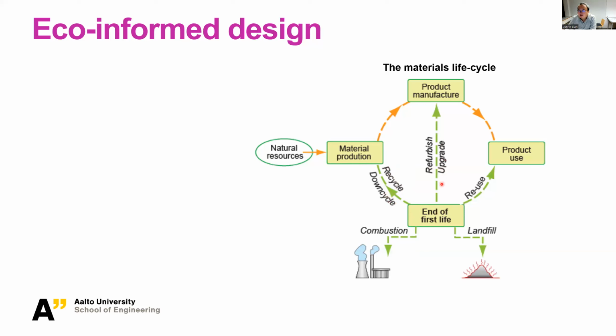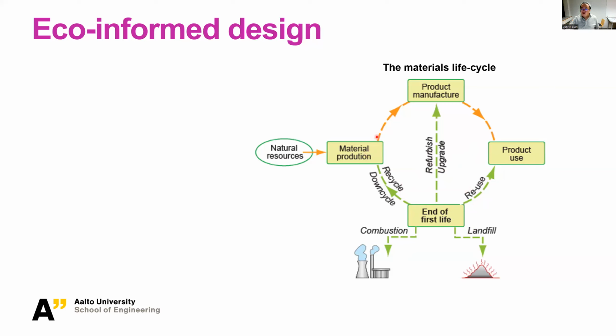And you could also get an upgrade or refurbishment, for example, for a second-hand car. Or you can reuse it directly after the end of the first life. So these are the three directions we would like to think about, which are doing positive things.